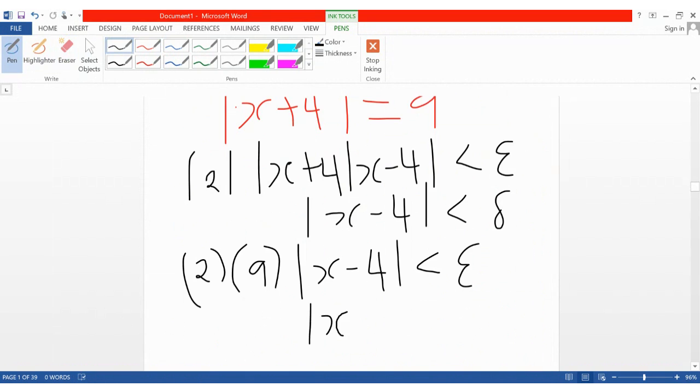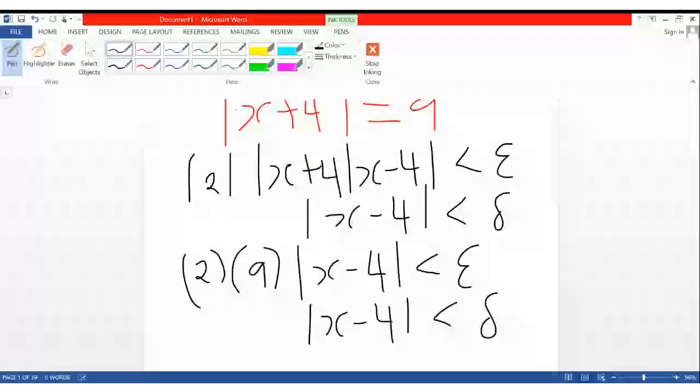Can someone give me a relationship between delta and epsilon right now? The final answer. A relationship between delta and epsilon. Delta will be equal to what? Delta will be given by what? Try.